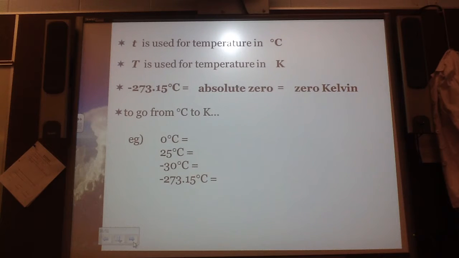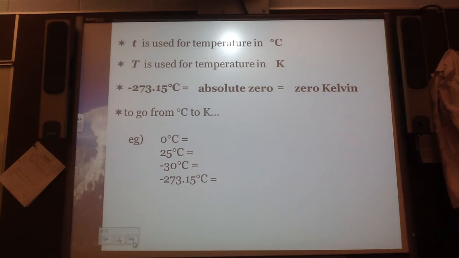So then, to go from degrees Celsius to Kelvin, what do you think I should do, Addison? Yeah, a ratio would work too, but so if 0 Kelvin means negative 273. Say I had 25 degrees Celsius, how do I find out how much Kelvin?